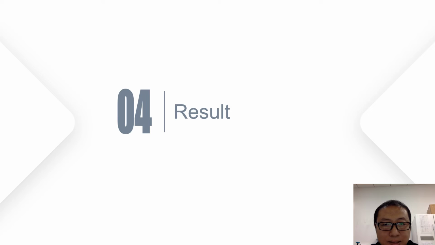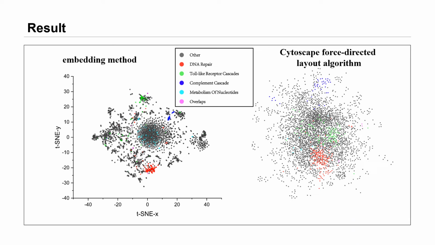The next section is result. Representative pathways, DNA repair, toll-like receptor cascades, complement cascades, and metabolism of nucleotides, were used to compare the embedding methods with the Cytoscape force-directed layout algorithms.